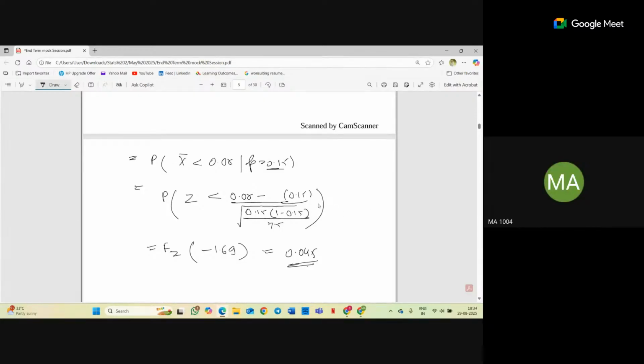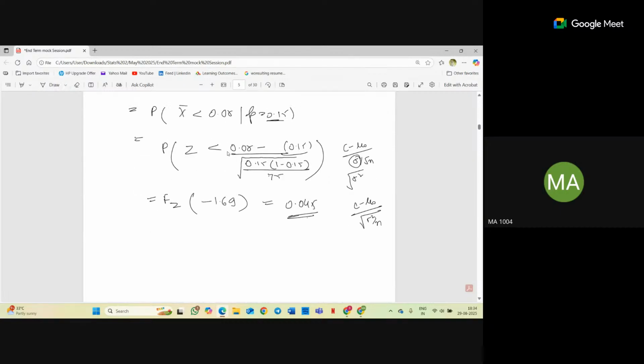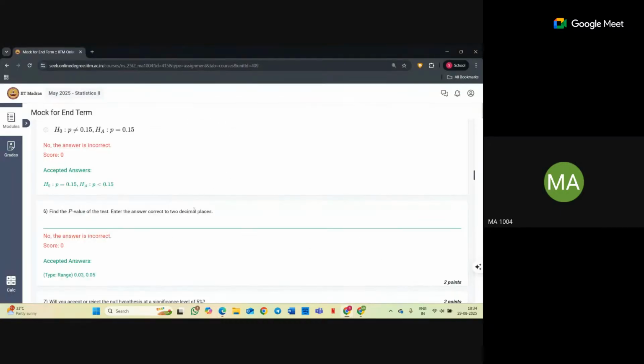No. So this will be C minus mu naught divided by sigma by under root n, right? So what is my sigma? Sigma is the under root of sigma square, so I've just written it as C minus mu naught over the under root of sigma square by n. Is it fine? Okay. Is question number 6 clear?